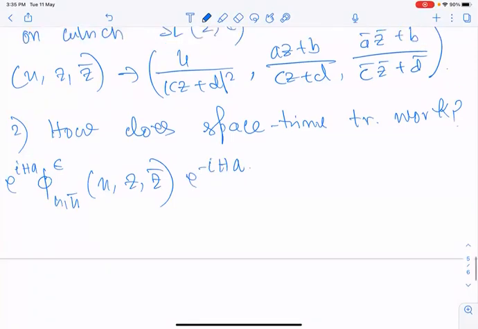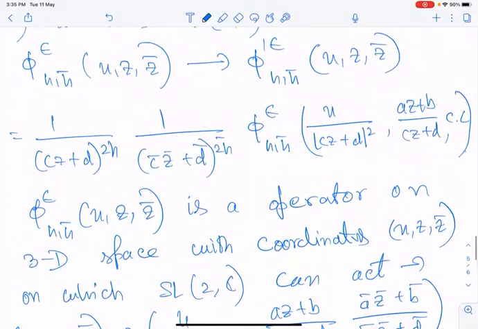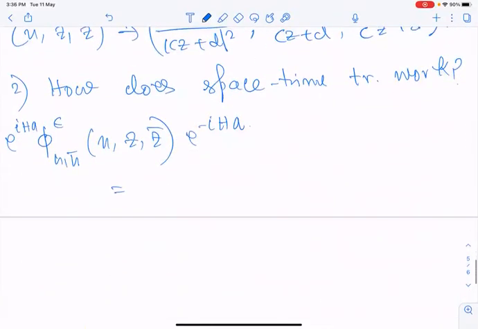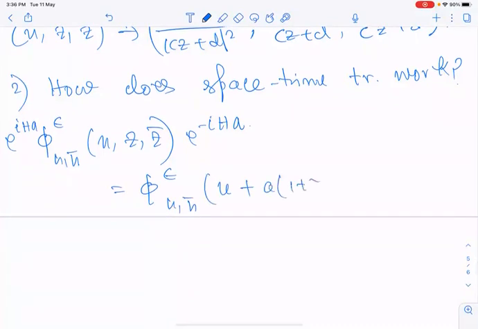Okay, then you can just use the definition of this phi u z z bar, these three-dimensional fields, and then you will see that this essentially acts as a times 1 plus z z bar and z. So this acts only on u, but not on z z bar.